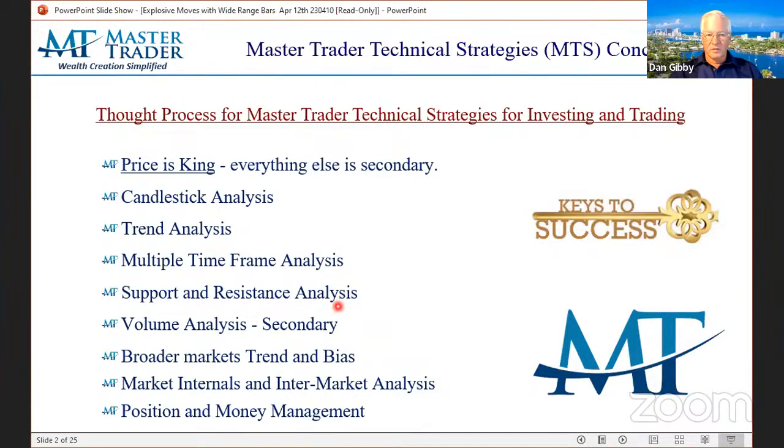Multiple time frames, relative strength, weakness. What are the broader markets doing? We want to trade with the broader markets unless it's a sector or stock doing its own thing. And then we simply enter and manage in between per your trading plan.